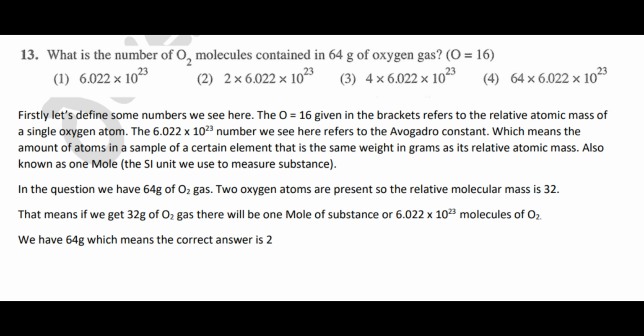So that means if we get 32 grams of O2 gas, there will be 1 mole of substance, or 6.022 times 10 to the 23rd molecules of O2. We have 64 grams, right? So 32, 64, that's 2. Which means the correct answer is 2 times 6.022 times 10 to the 23rd power.